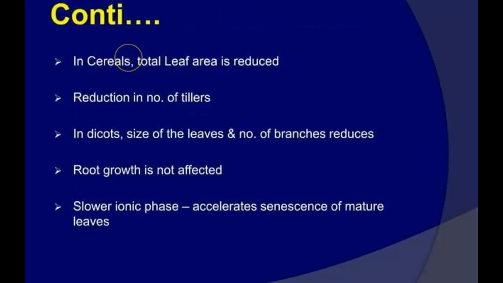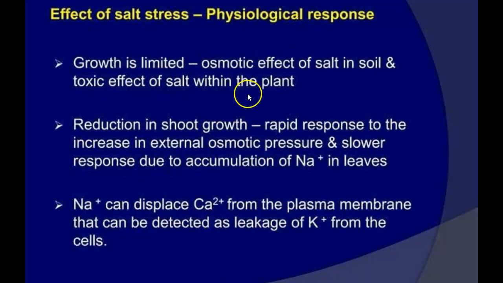If we talk about cereals, then total leaf area is reduced. There will be reduction in tillers, while in case of dicots, size of the leaves and number of branches will be reduced, and root growth is though not affected, but the slower ionic phase accelerates the senescence of mature leaves.